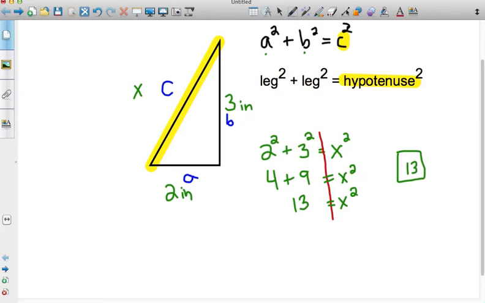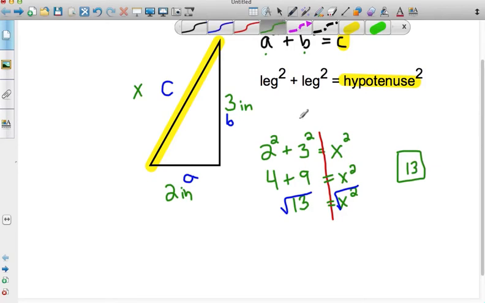So in this case, what we need to do is take the square root. The opposite of squared is the square root, this funky looking check sign, of both sides. On the right side now, if you take the square root and a square, you cancel it out and all you're left with is x is equal to.